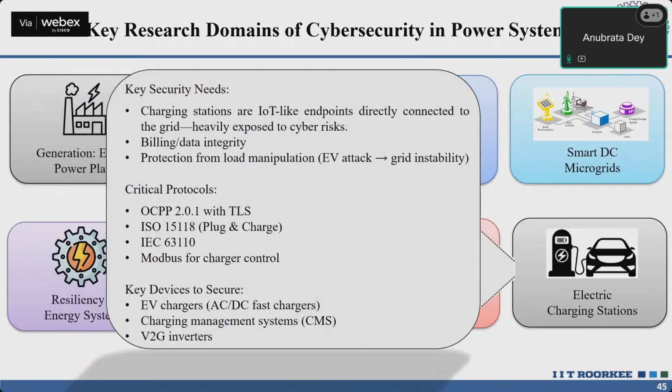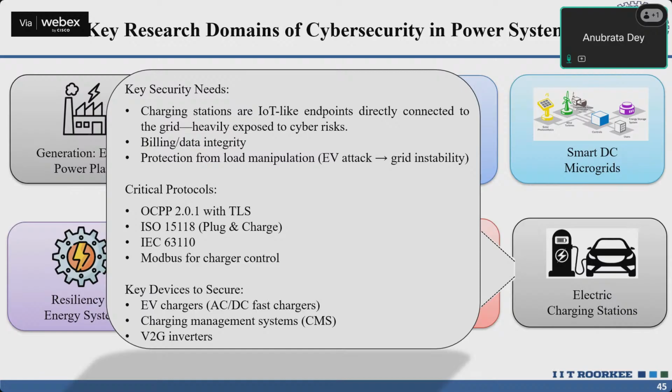And the last area is the charging stations, where electric vehicles come into the picture. As I told you, we are using different types of protocols. Right now we are using OCPP 1.6, but recently they have released 2.0.1. We are also using ISO 15118 for plug and charge. We are also using the IEC 63110 protocol, and Modbus, for charging control purposes.